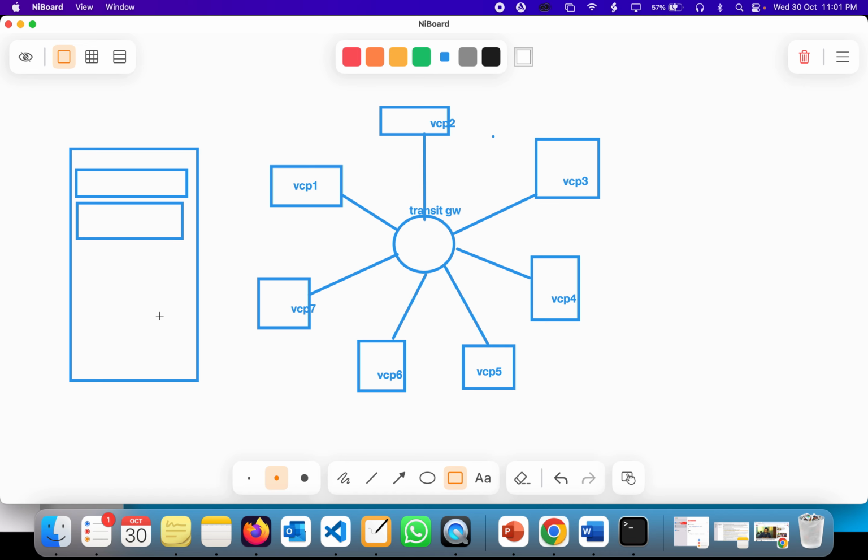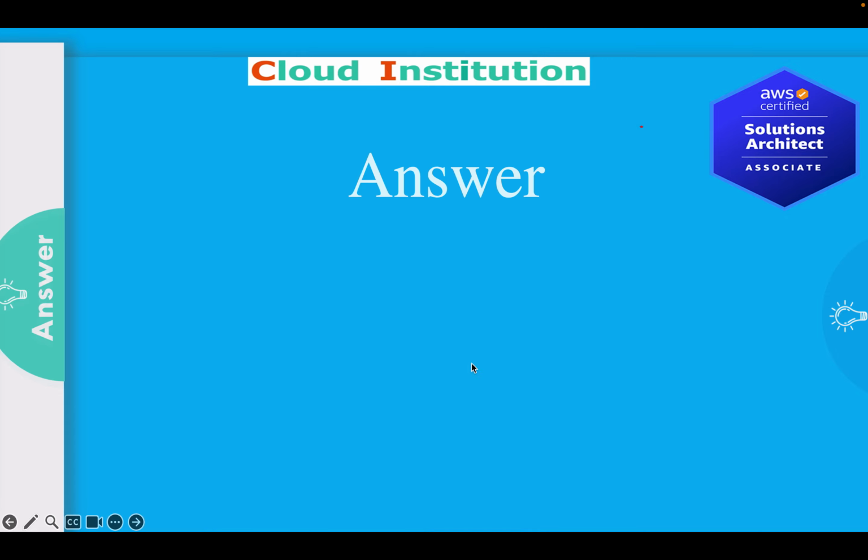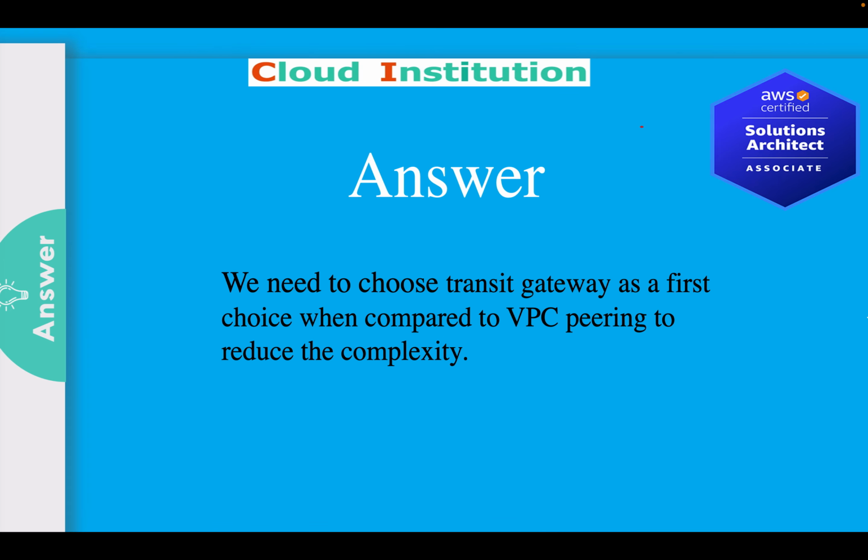I'm not going to write everything, but this is the answer you have to explain to the interviewer: because the VPC setup is getting more and more complex, I don't want to use VPC peering, I'll go with a VPC transit gateway. We need to choose the transit gateway as a first choice when compared to VPC peering to reduce the complexity.